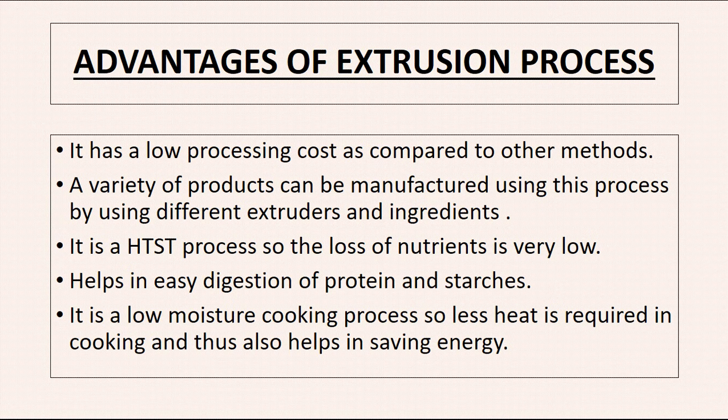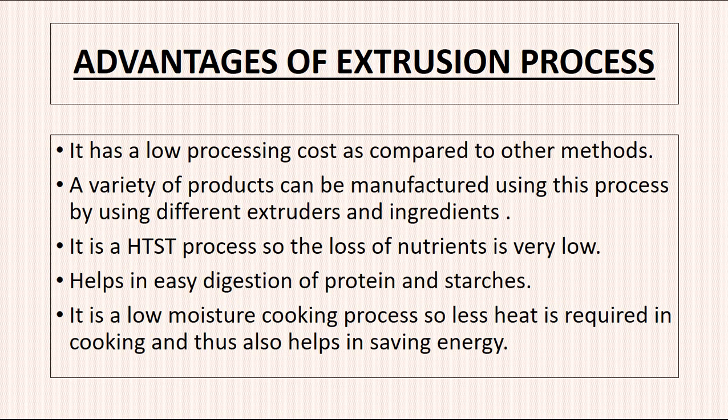A variety of products can be manufactured using this process just by changing the ingredients and the type of die that we use. Then coming to the third point, as we know that extrusion cooking is a HTST process, the nutrient loss is very low as compared to other methods. Coming to the fourth point, it also helps in digestion of proteins and starches.